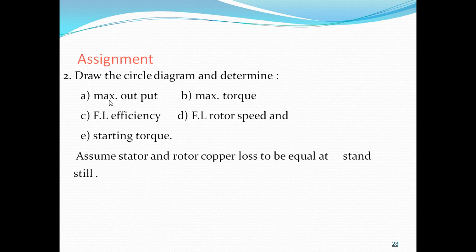You have to take the current scale such that the circle diagram is completed within the graph sheet only, and draw OA and OB. Next join AB and calculate this. Follow the same procedure and calculate the required values.